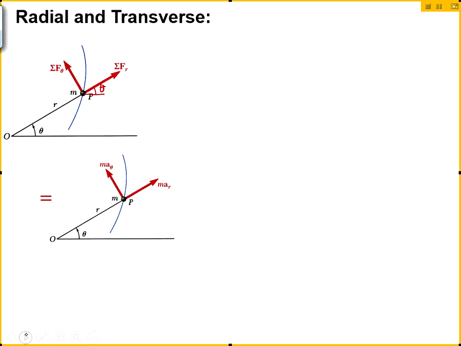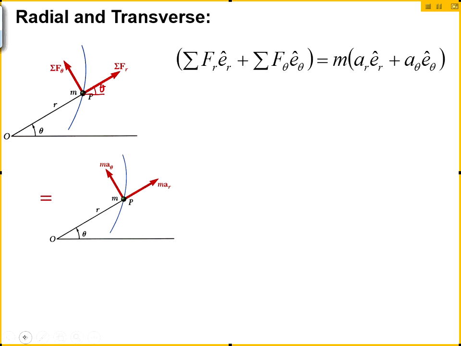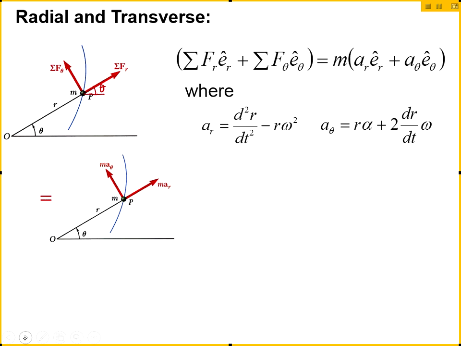Okay, radial and transverse. So in this case, we have some forces along the radial and some forces along the transverse, and we will end up with two scalar equations. The radial acceleration is r double dot minus r theta dot squared.